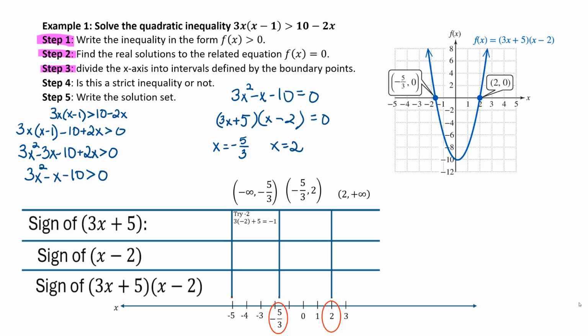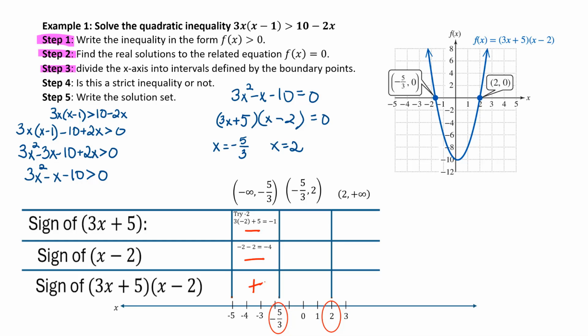So that factor is negative. Next, we try that same negative 2 in the second factor, x minus 2, and we get negative 4. So that factor is negative. So 3x plus 5 times x minus 2, negative times negative is positive. So the function is positive on that interval.